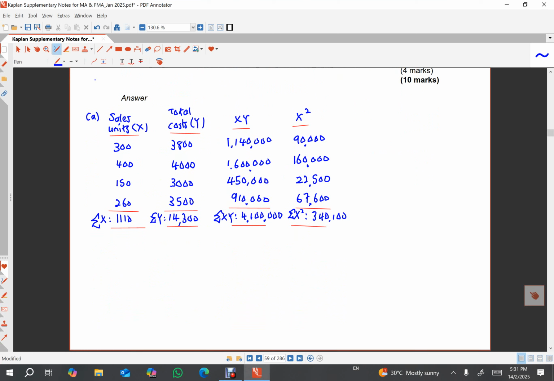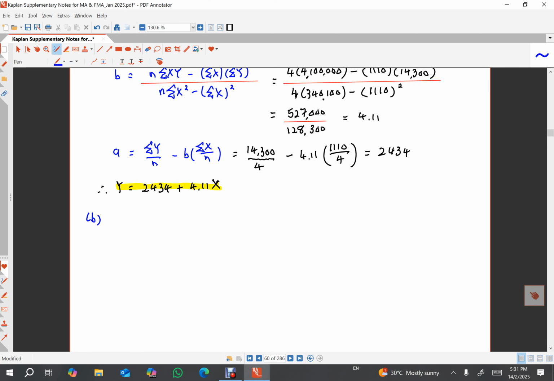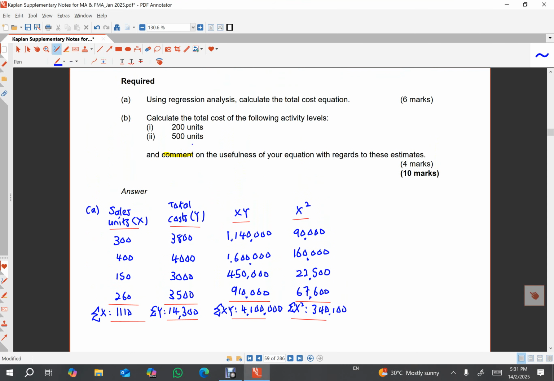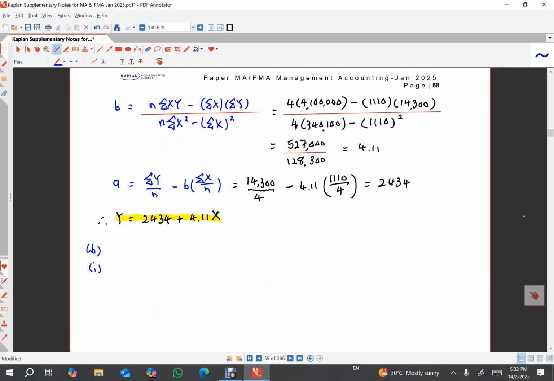Now part B. We want to estimate the cost. Calculate the total cost for 200 units and 500 units.